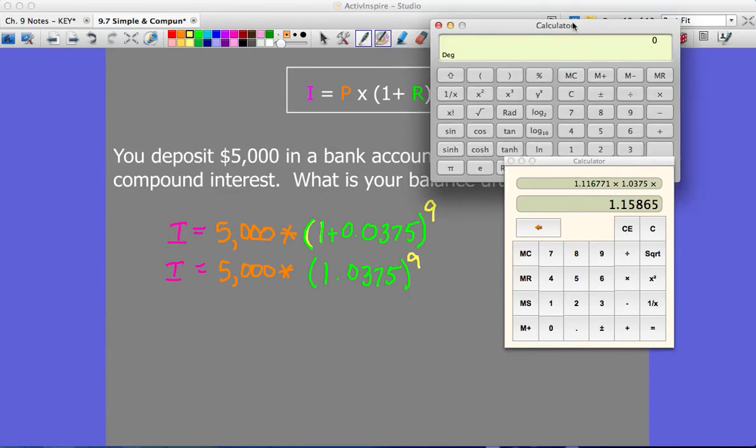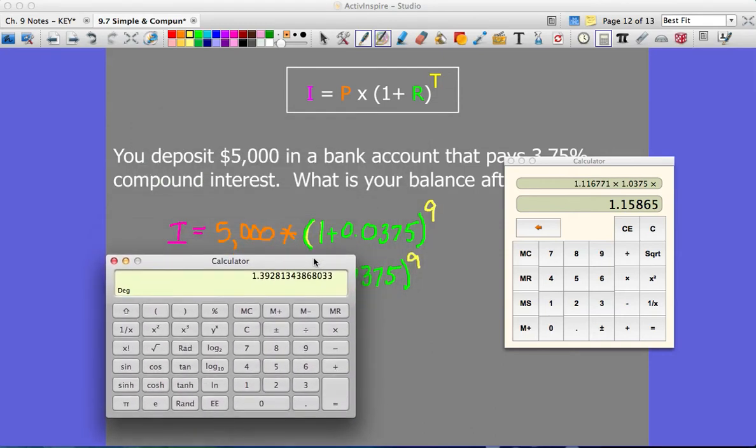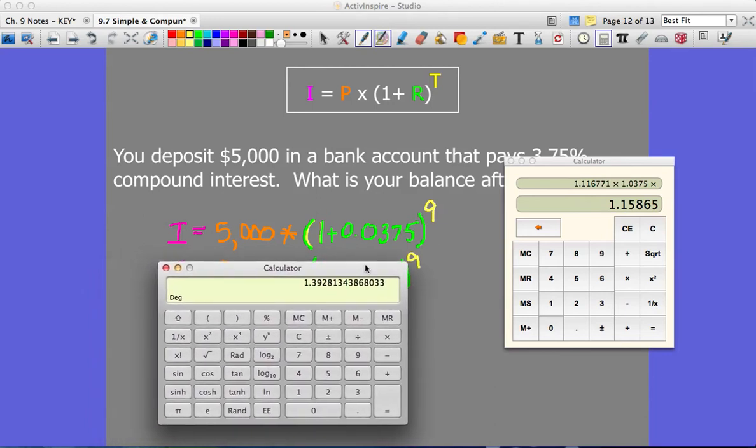and show you how we would do this on a scientific calculator. So we type in the 1.0375, and we would take that to the ninth power, which would give me quite a large number.